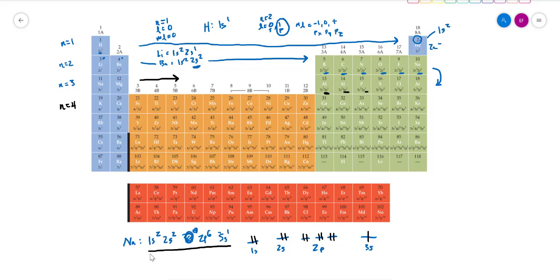What we can do is write out just what the closest or the nearest closed subshell was, and then tack on whatever the additional new subshell was. And so in the case of sodium, by closed subshell, I mean what was the last full principal quantum number shell that was completely filled up before we transitioned to the next level.